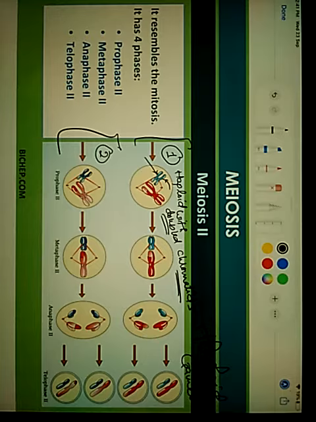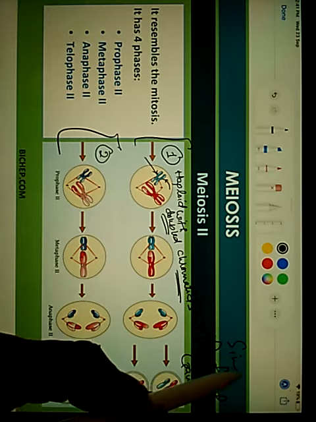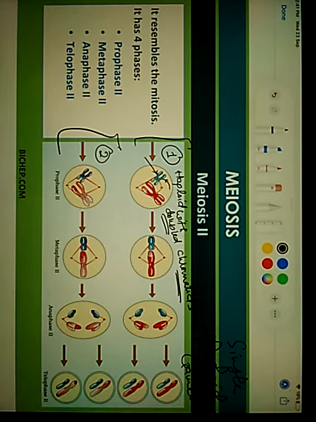So single-chromatid haploid gametes should be formed during meiosis II.